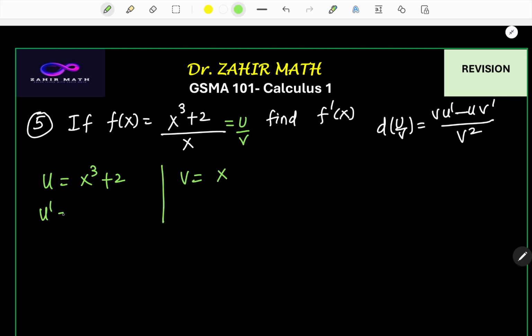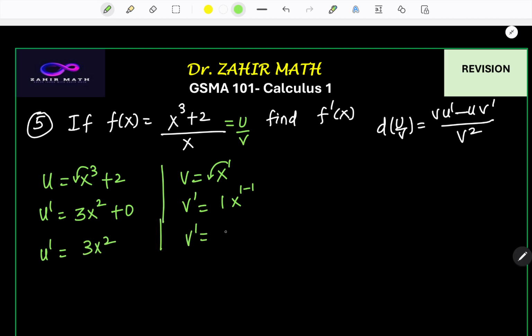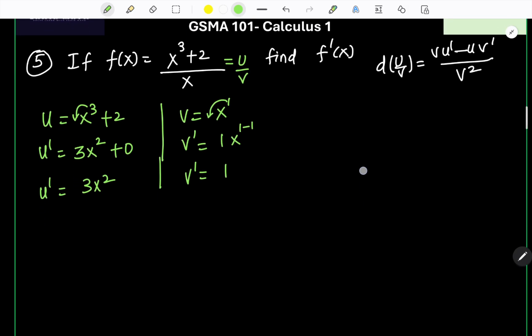The derivative u dash is 3x square, and then plus 2 is 0. v derivative: x derivative is 1. So u dash is equal to 3x square and v dash is equal to 1.